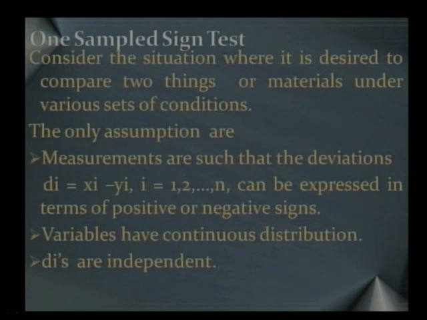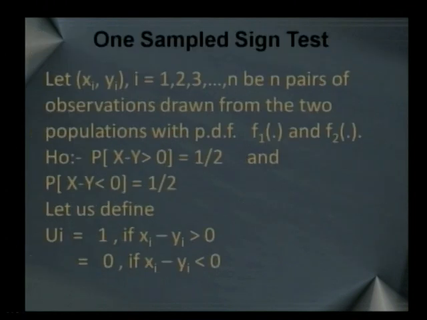So here the signs are taken into consideration. If two samples xi and yi are there, we have to take the deviation. The second assumption is that the variables have a continuous distribution. Third, the di's, the deviations taken, should be independent.